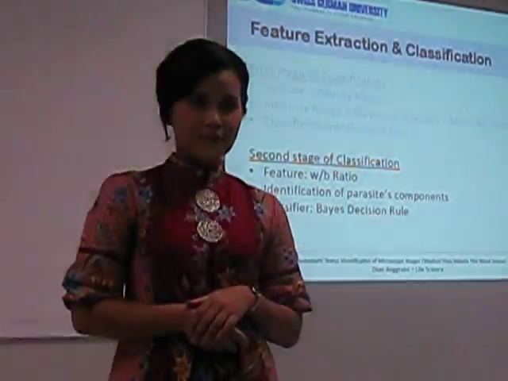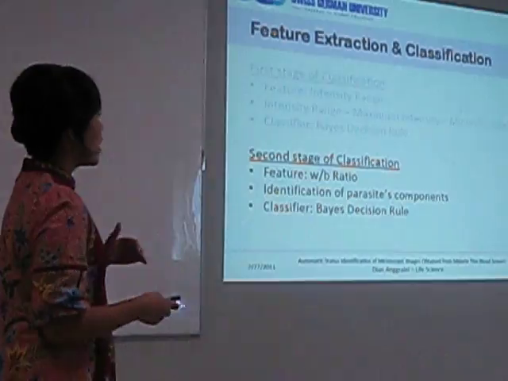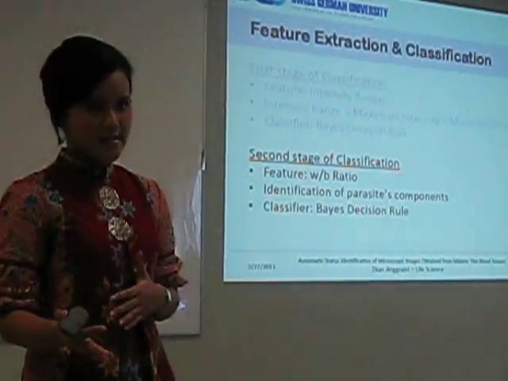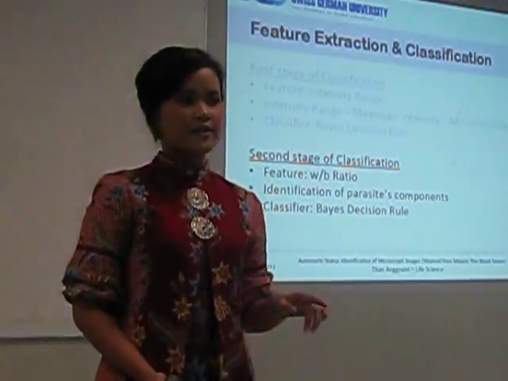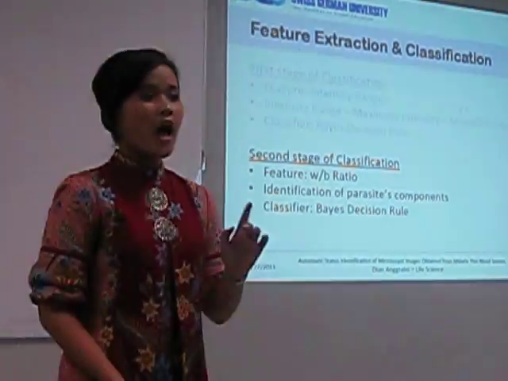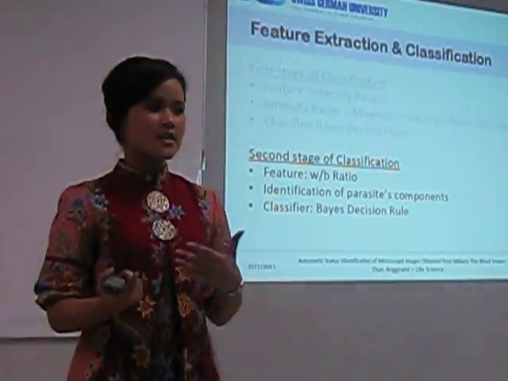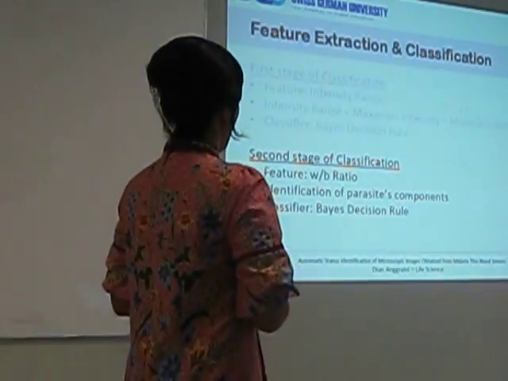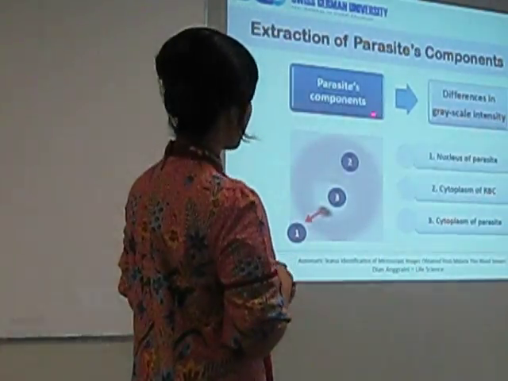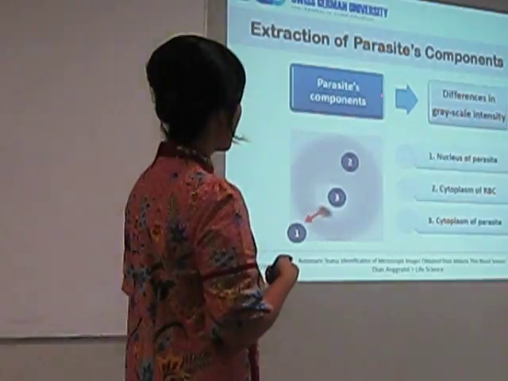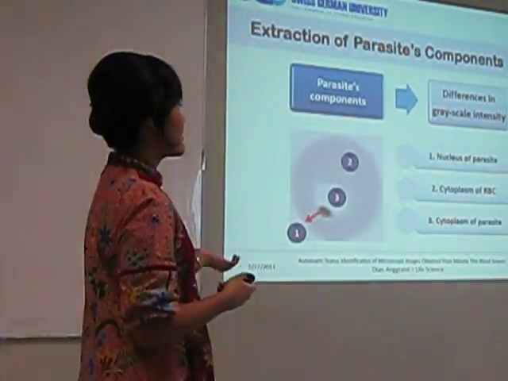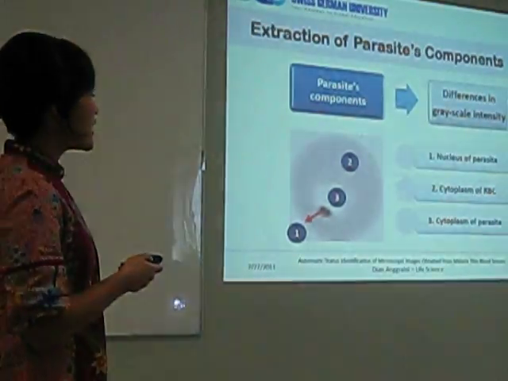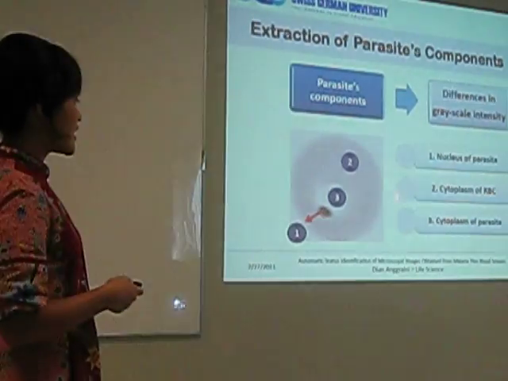In the second stage of classification, we try to find the parasite constituents. A trained human operator can easily accomplish this task. However, translating their knowledge into an image processing scheme is not a trivial task. We believe that parasite components are characterized in the grayscale image by differences in grayscale intensity as illustrated in this figure.